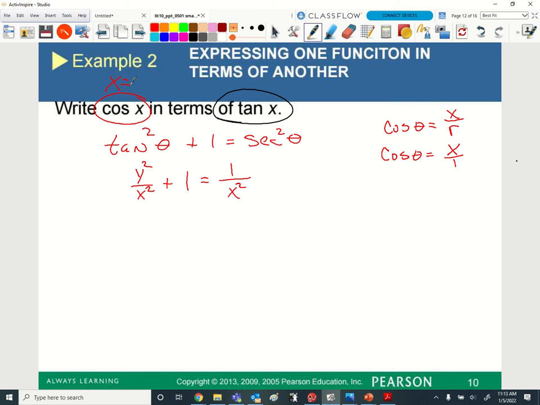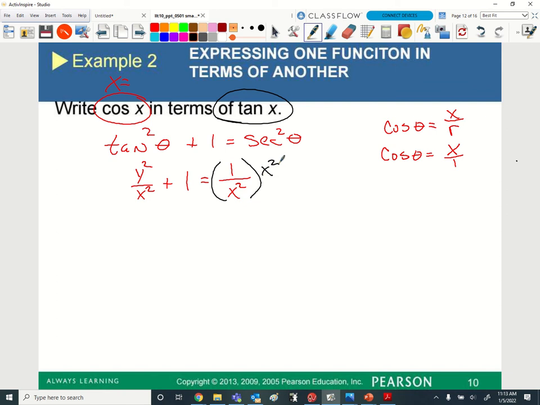But first, I have an x squared that I want to get out of the bottom. Mathematically, what would I do to get this x squared out of the bottom? Multiply. If it's on the bottom, it's dividing, right? So I'm going to multiply both sides by x squared.